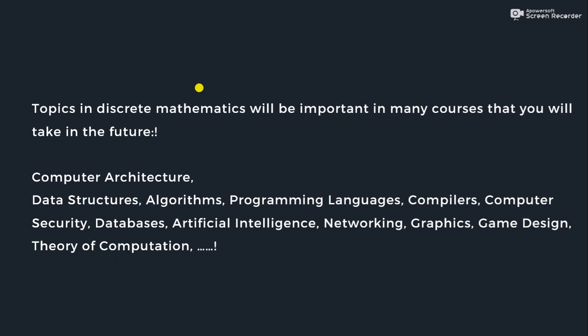We can use the knowledge of discrete mathematics in every field of computer science, starting from computer architecture, data structure, algorithm, programming language, compilers, computer security, database, artificial intelligence, networking, computer graphics, game design, theory of computations, and many more. So in our next video we are going to start our first chapter of discrete mathematics, that is set theory.